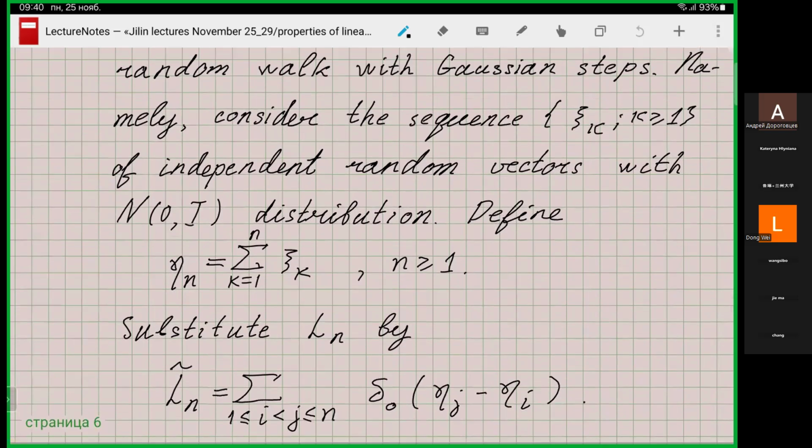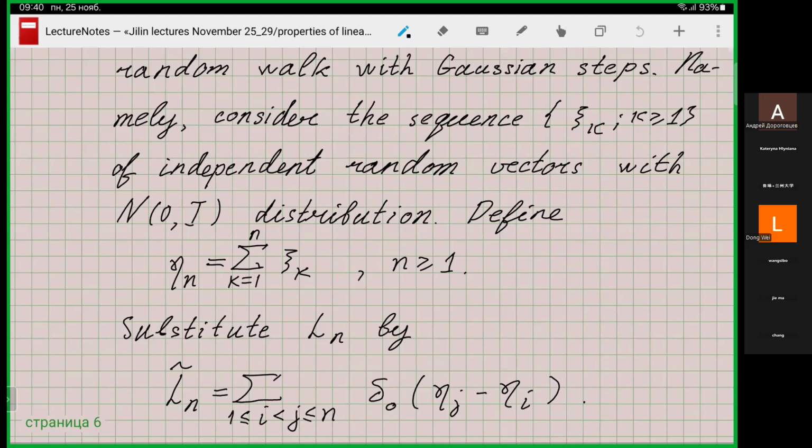But now we face a problem, and the problem is purely mathematical. psi_k has a continuous, absolutely continuous distribution. So the probability that eta_n will be equal to eta_k, for example, is equal to 0. So what to do? Then we look for an interesting substitution of the indicator. And this substitution is a delta function of the difference of our random vectors.